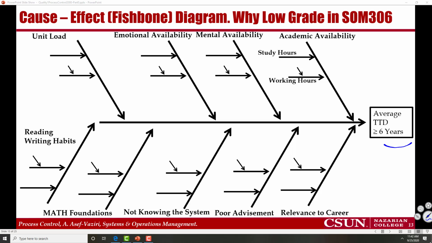As you know, in our institution, average time to degree is greater than 6 years. So why is it like that? I think it is because academic presence, mental presence, and emotional presence of our students are low. By academic presence, I mean the time that they allocate to their education.